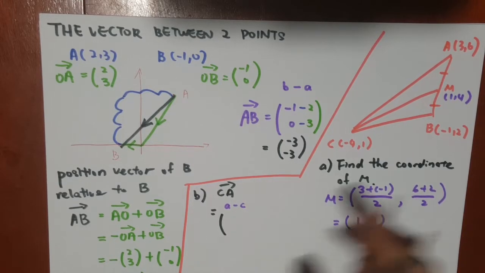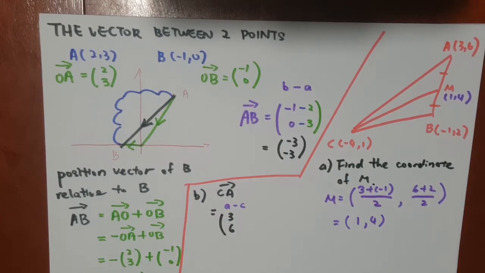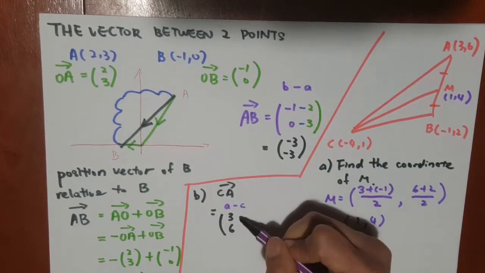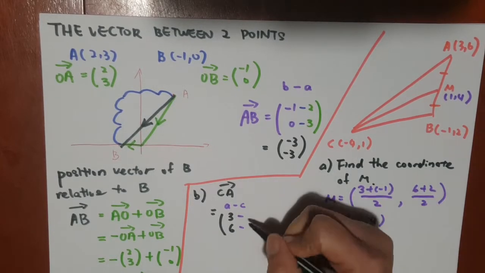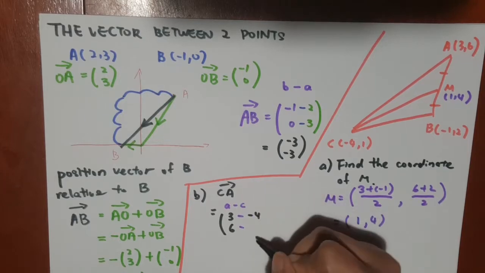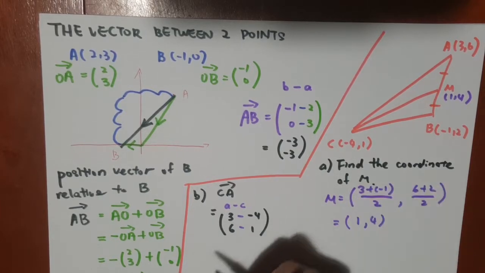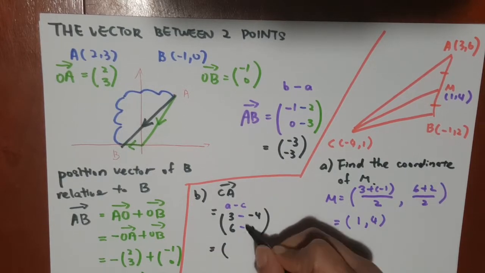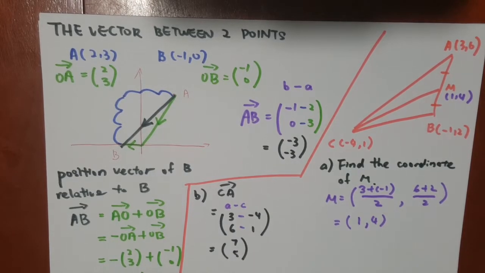A would be (3, 6). The take is part of the formula, so I have to put the take down. And C is (-4, 1). You can see there are 2 negatives here, but the first negative is part of the formula, and the second negative is because this is -4. When we simplify this, we get (7, 5). So that's the vector CA.